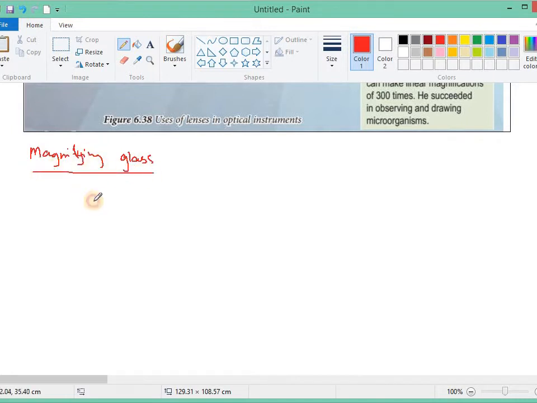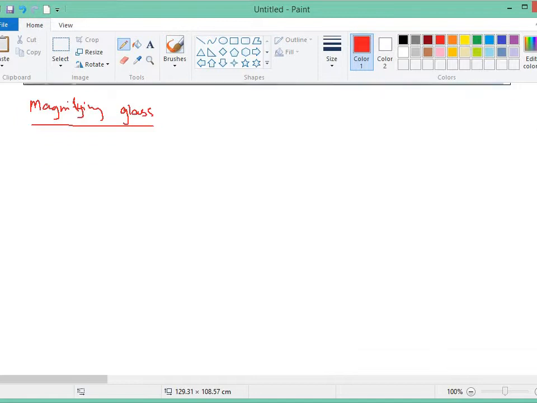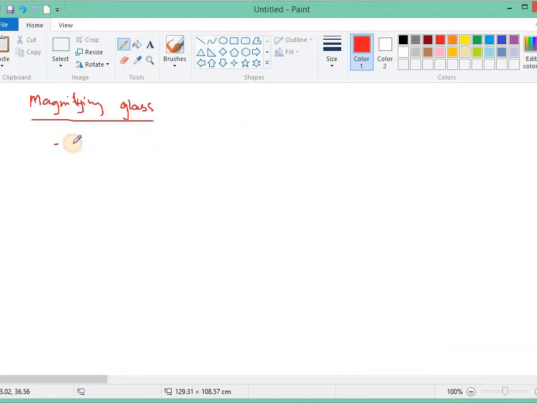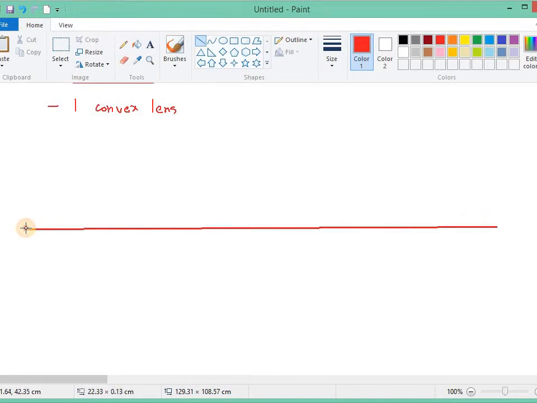Okay, magnifying glass. For a magnifying glass, all we need to do is use one convex lens. This is all that we need. We take one convex lens and we put the object, all we need is to take the object.